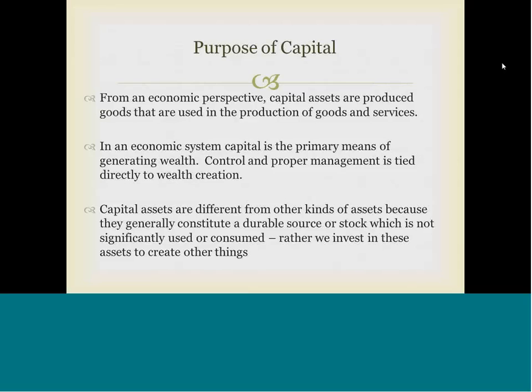Rather, we invest in these assets to create other things. So capital is a stock of inputs, but not inputs that are consumed on the same basis as other types of resources.